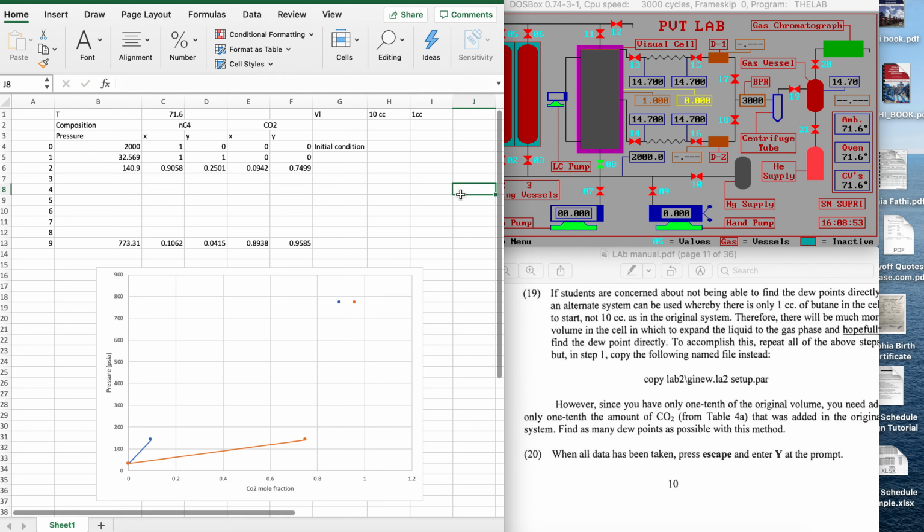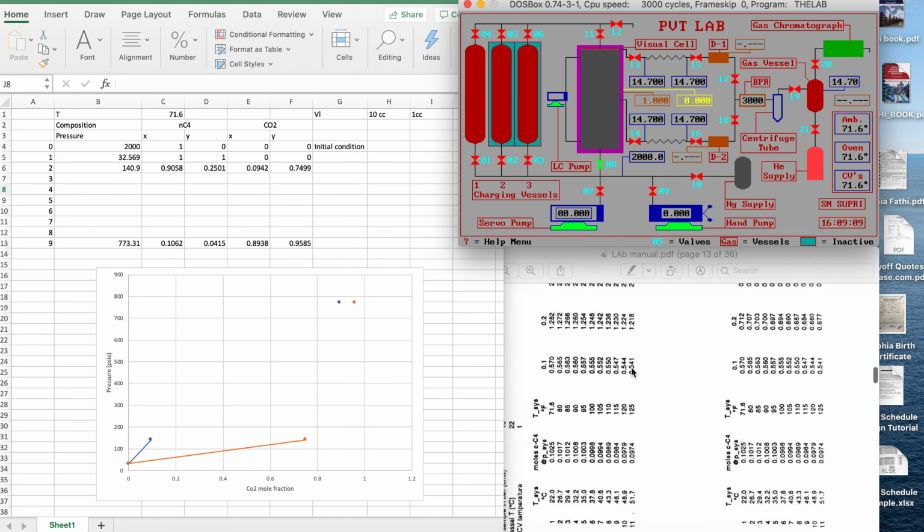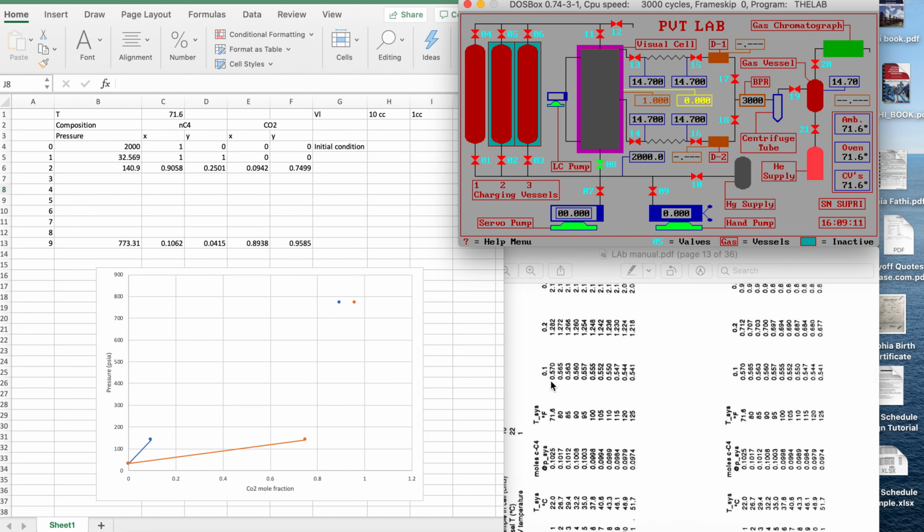I just hope that with the 1 cc, I will be able to find the dew point pressure, but we will see. So for that, again, I'm going to use the 10%. Remember, this table is generated for 10 cc's of the N-butane. So now that I have 1 cc, all these numbers need to be divided by 10. This time instead of adding 0.57, I need to add 0.057.